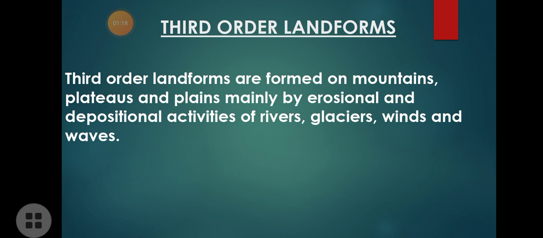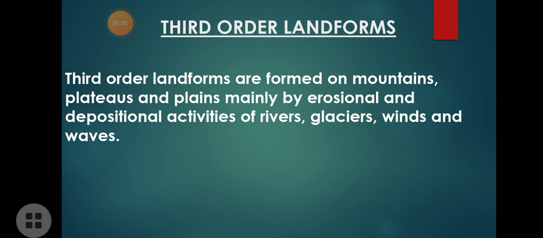What are the second order landforms? Mountains, plains, plateaus. All these three are formed from the first order in the continents only, isn't it? In the same manner, third order landforms are also found in the second order only. From the second order landforms, they are derived.